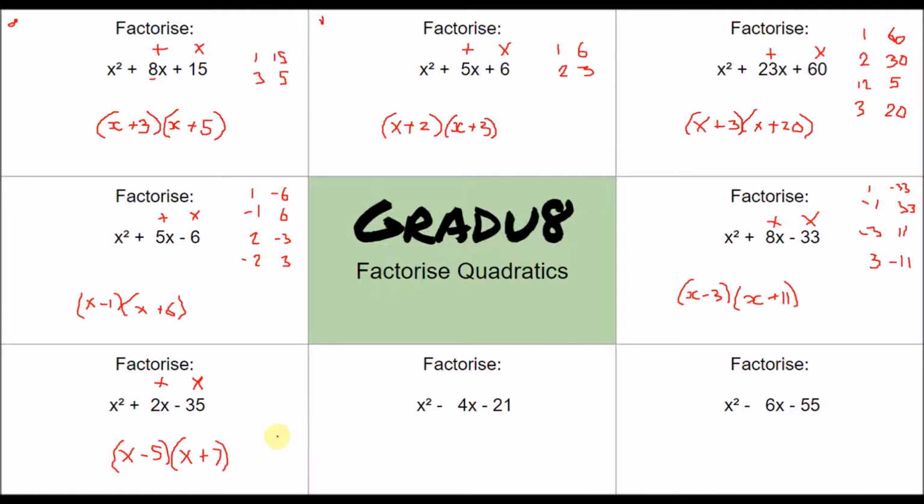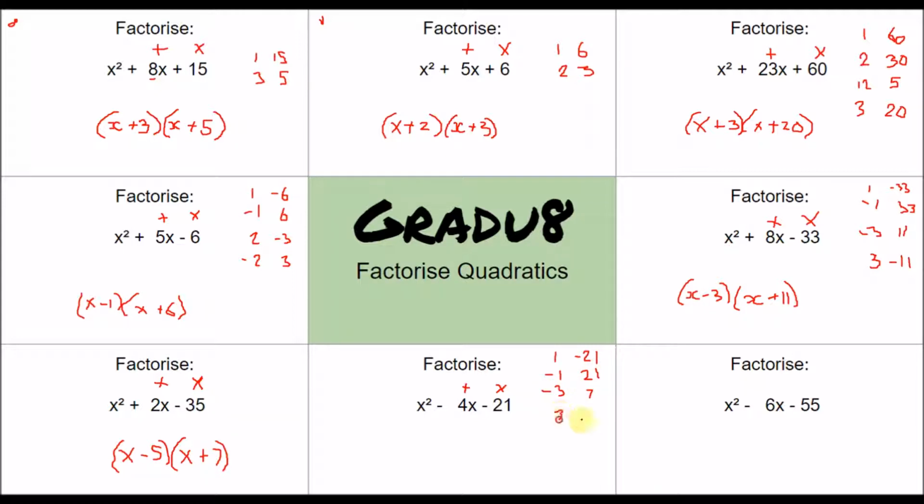Really, really simple. If I move to this one, slightly different. You've got a negative here and a negative here, but just keep our rules in mind. You're adding on this one, timesing on this one. I am going to list them again for this one, just so you can see it a little bit more clearly. So you've got 1 and minus 21. You've got minus 1 and 21. You've got minus 3 and 7.